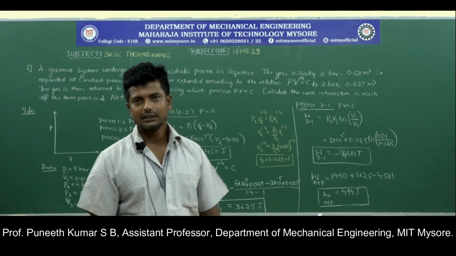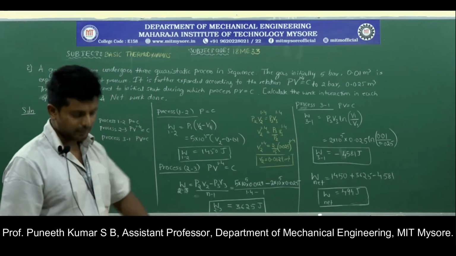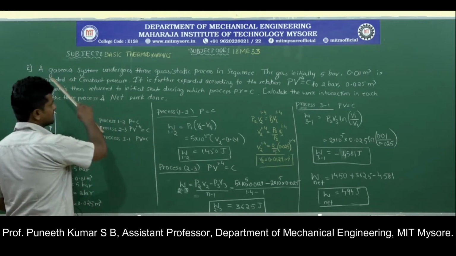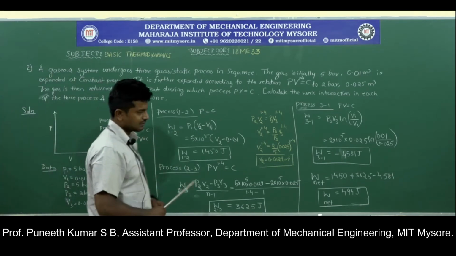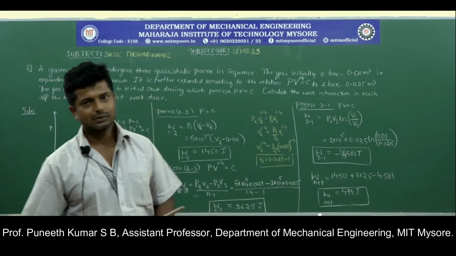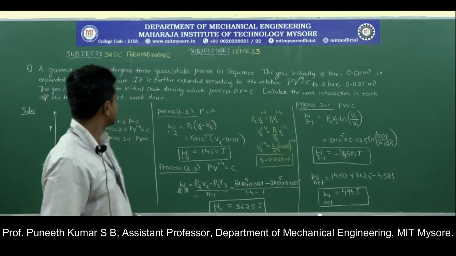Okay, moving on to the next problem. Let us understand by reading the problem once. A gaseous system undergoes three quasi-static processes. In the previous problem, we have already discussed that the system means the working fluid itself.